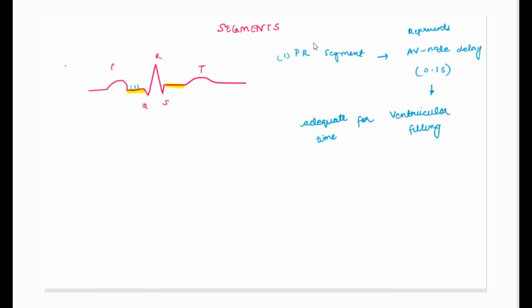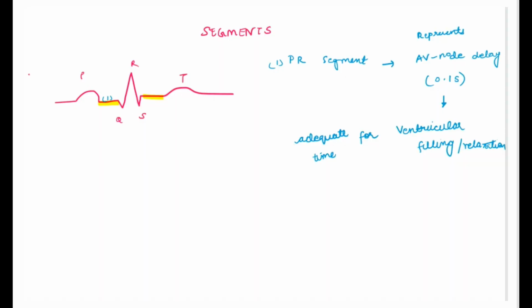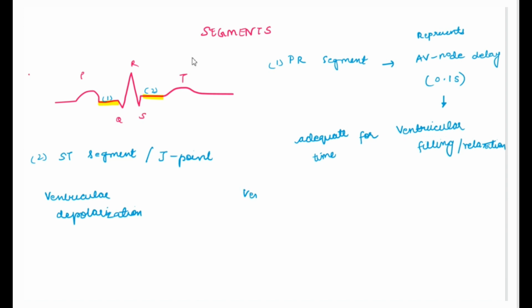What does the end of the QRS complex represent? The QRS complex represents ventricular depolarization, isn't it? And the T wave represents ventricular repolarization. So it is a joining point between ventricular depolarization and ventricular repolarization. Hence, it's also known as the J point.